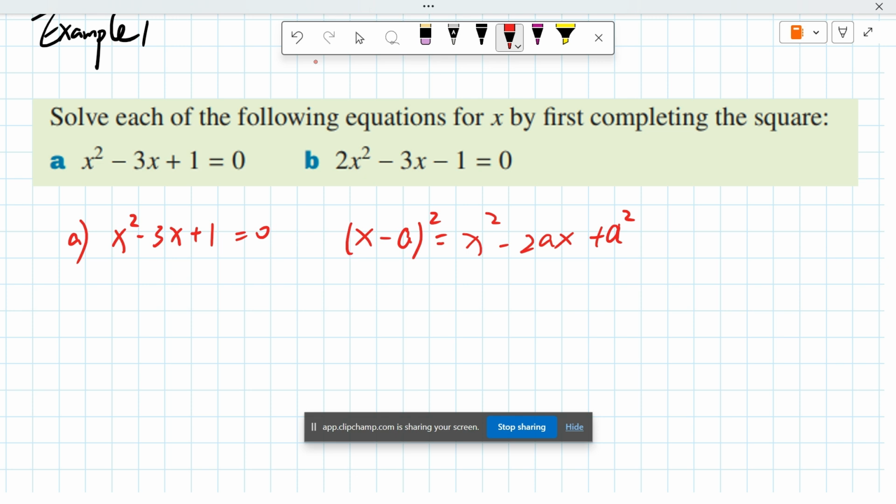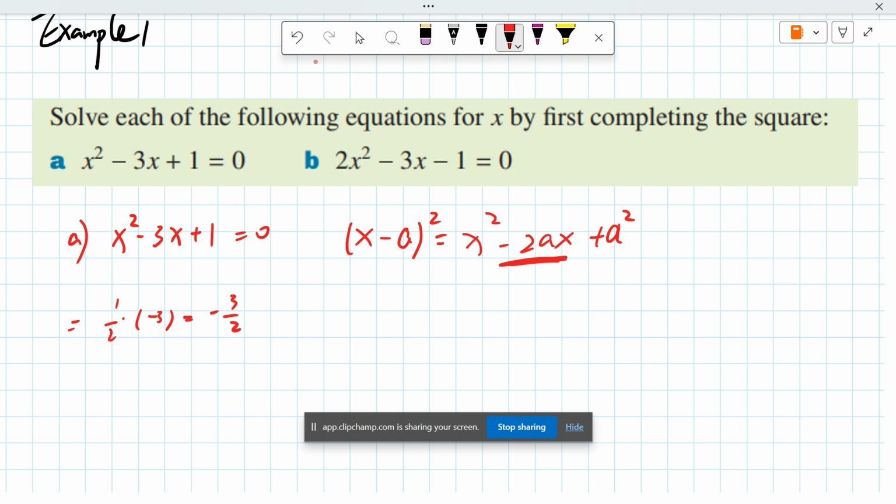So this is the completing square. I'm going to use half multiplied by -3 equal to -3 over 2. Why am I using this? Because of this 2ax here, you have to multiply by 2 to find the a.